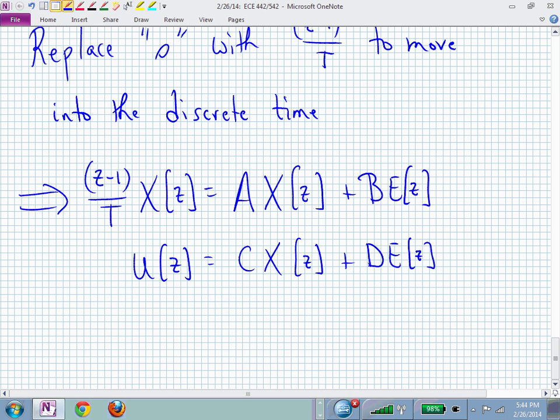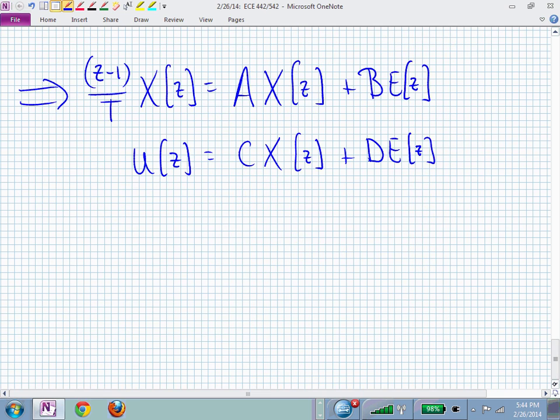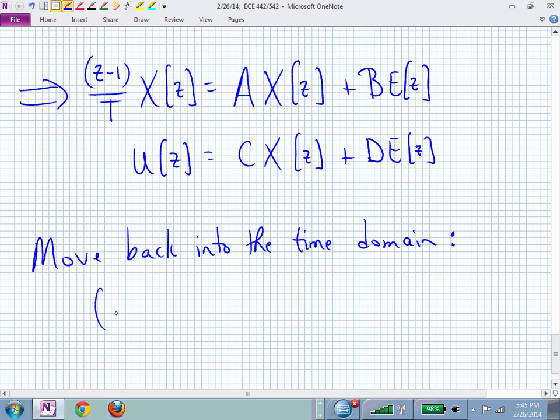And let's get rid of this T in the basement. Let's distribute it on the right side. So we'll multiply both sides by capital T and inverse z transform the left side and the right side, so that when we move into the time domain, I'm doing this one because this one's actually pretty straightforward, and the next one will be a little more fun.